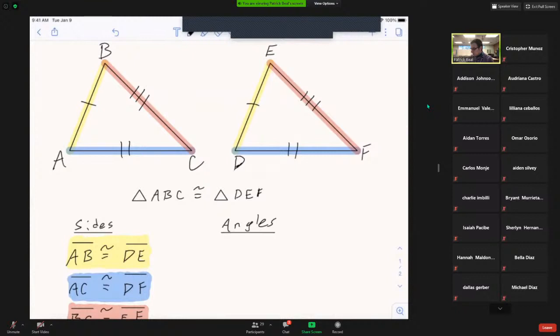Corresponding angle, which is this angle here. I found a way to make it like a curve. Oh yeah, there we go. I really gotta curve it.